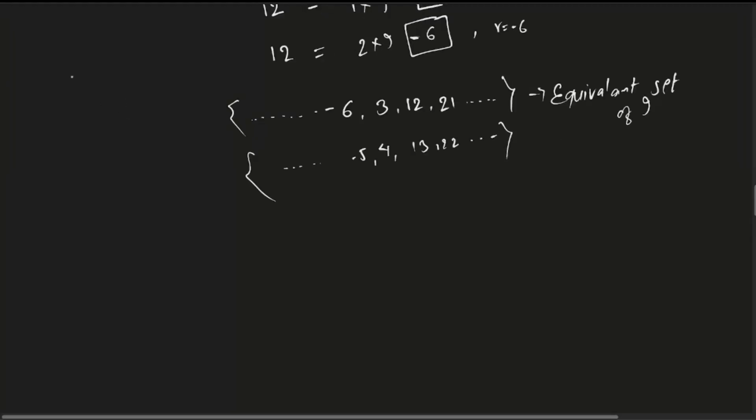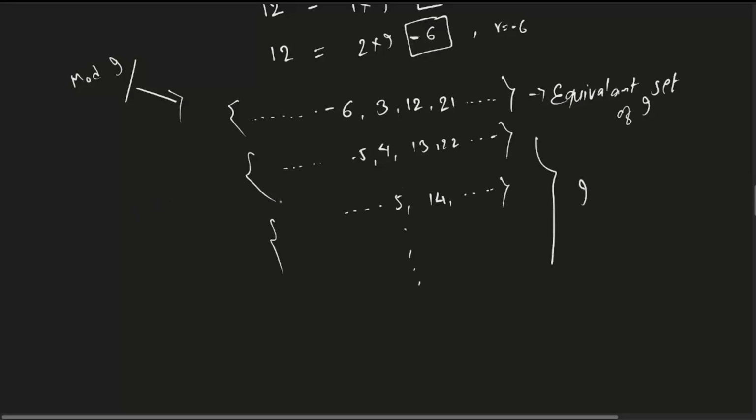So for this mod 9, these are the equivalent classes of it, and it's going to have a total of 9 of them until all of them are completed. So I've got this 4 here, I can have 5, then it could be 14, and then so on, and same thing in the back as well. We'll have a total of 9 of them.